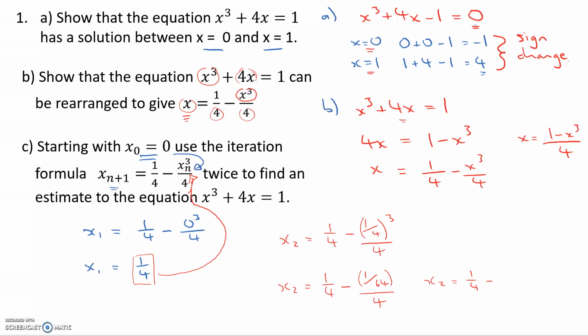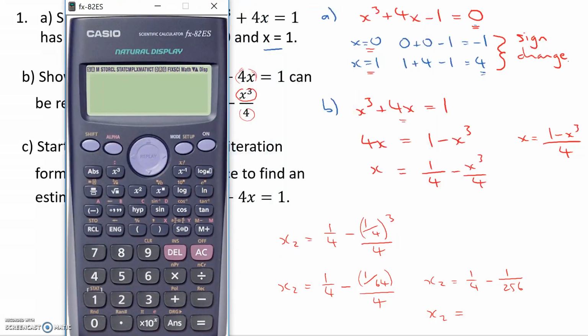Okay, so this is the same as multiplying that denominator, the 64 denominator, by 4. It's going to make it 4 times smaller. It's going to give me 1 over, and then 64 times 4 on the bottom. Okay, double the 64 is 128. I think that's going to be 256. So x2 is equal to a quarter, subtract 1 over 256.